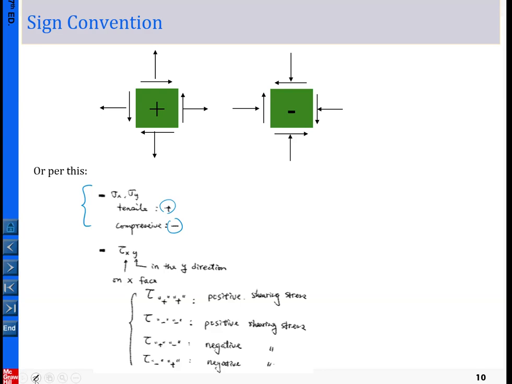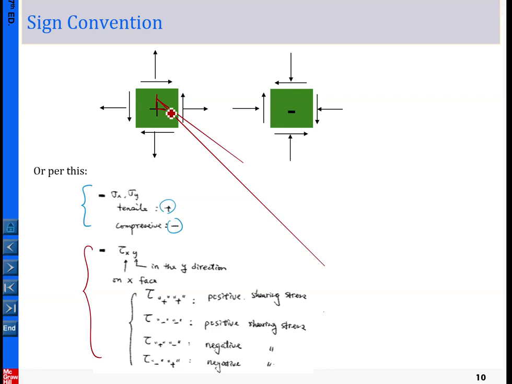Now we come to the shear stress component. For the shear stress components, you have two ways to memorize this. Let me show you the first way. I prefer the graphical way.